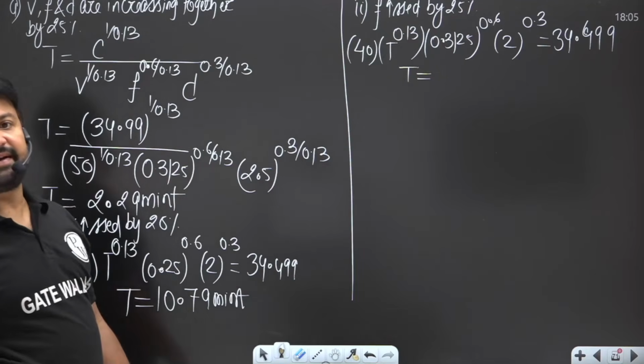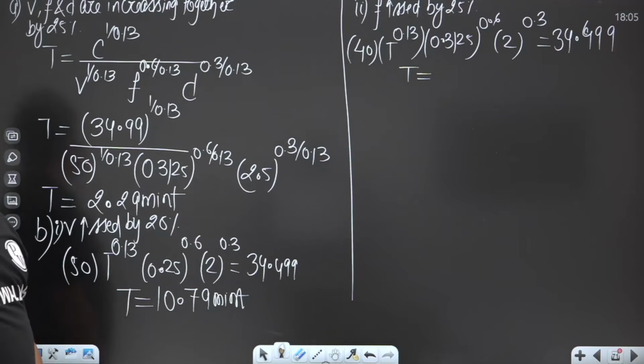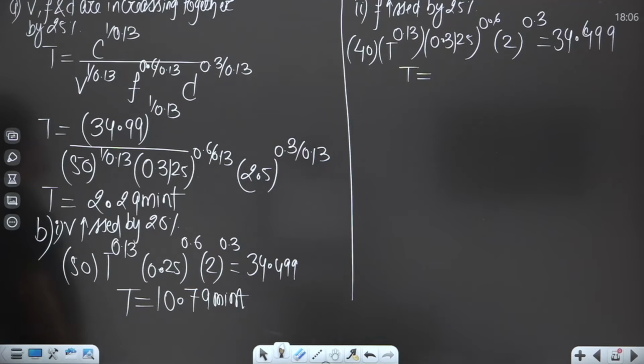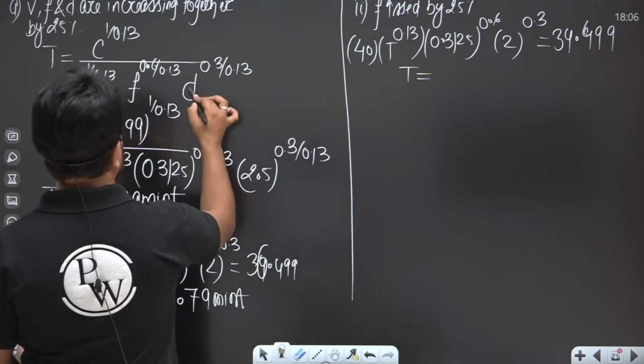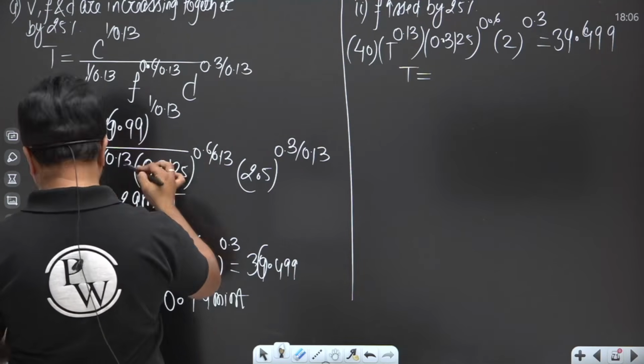Now what will be the value of T here? If you increase the feed, please check: 40 to the power 0.13, 0.3125 to the power 0.6, and 2 to the power 0.3. Oh, sorry, it is 36, not 34. Sorry, by mistake.